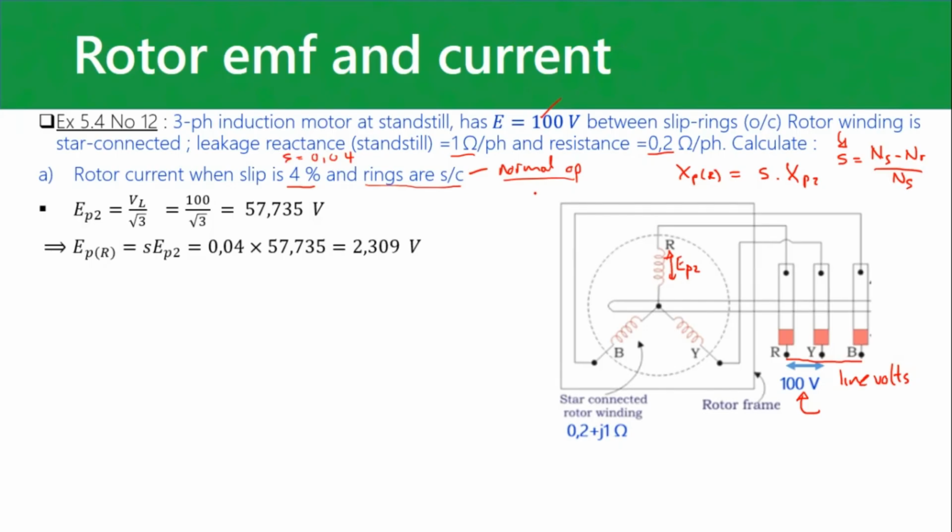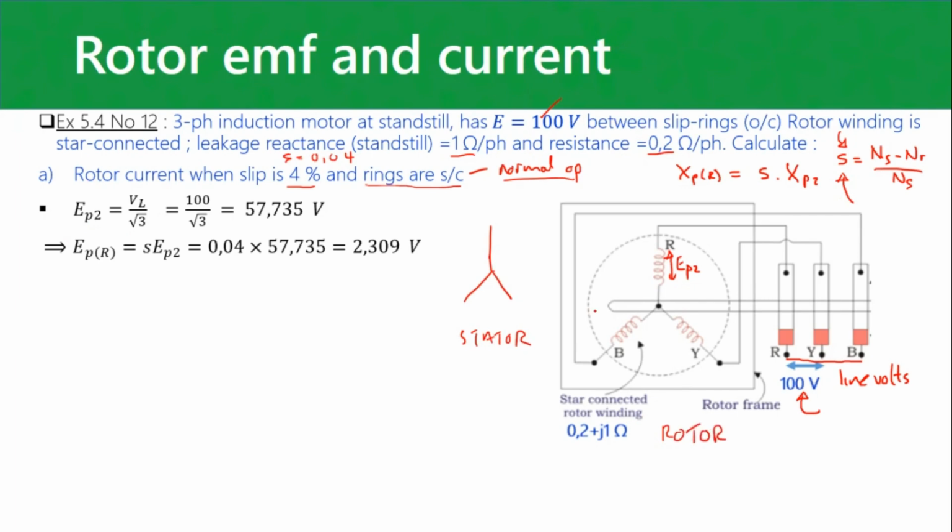So the first thing you would have done, if they gave you the rotational speed, say the motor is turning at 1,400 RPM or something, is work out the slip first immediately. But okay, they give it to you this time. So EP2, the standstill, is VL over root 3 because it's star connected in the rotor. We haven't shown the stator here. So the stator here, not shown. This is just the rotor.